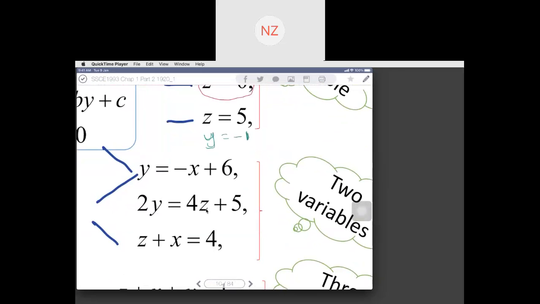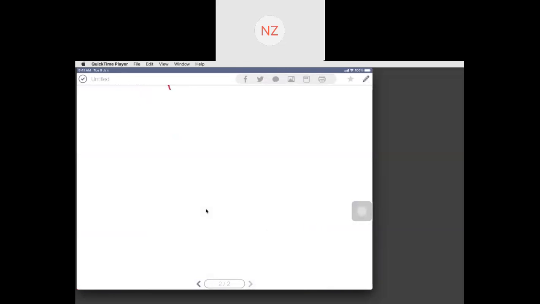Now we extend our linear equation into two variables. I mean the equation has two variables. So now we look at the first one, y equal to negative x plus 6.